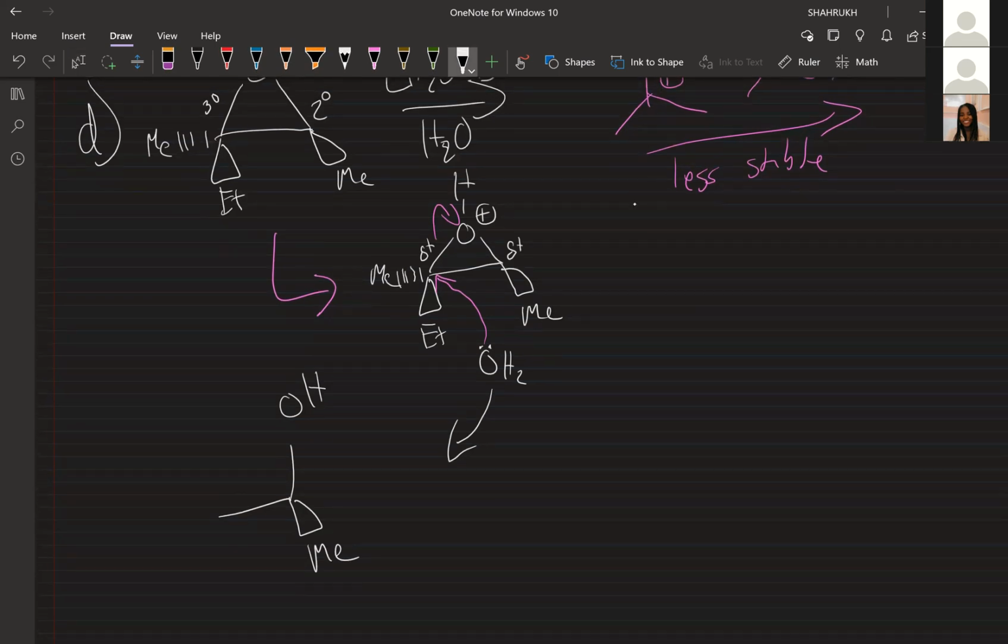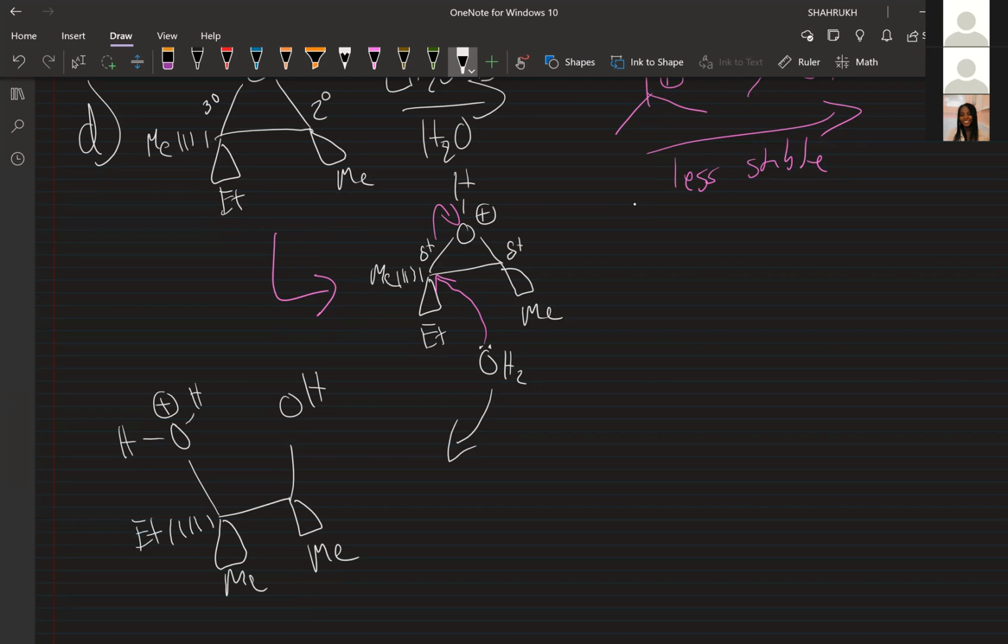If I draw the OH like this, then that would mean the other two are flipped. If you draw it on the bottom, it shouldn't matter. Depending on which side is planar, it's a little bit annoying to draw. So this should be OH2 plus, and then this should be a wedge, a dash, a wedge. This should be Me, and this should be Et.